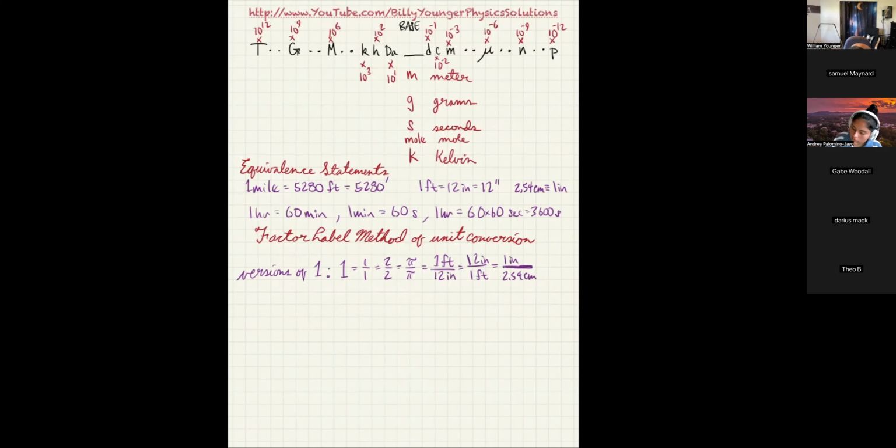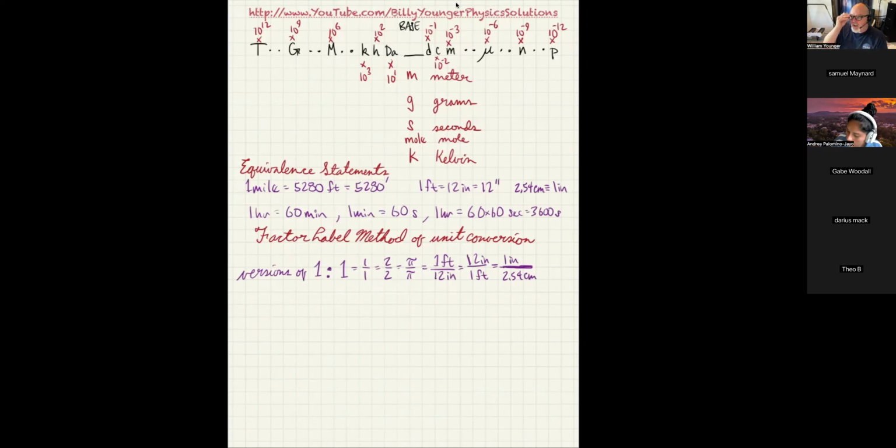So all of those are different values of 1 that can help us convert units. That is the key to converting units: just finding the appropriate value of one to multiply by the number we have to get the units that we want.